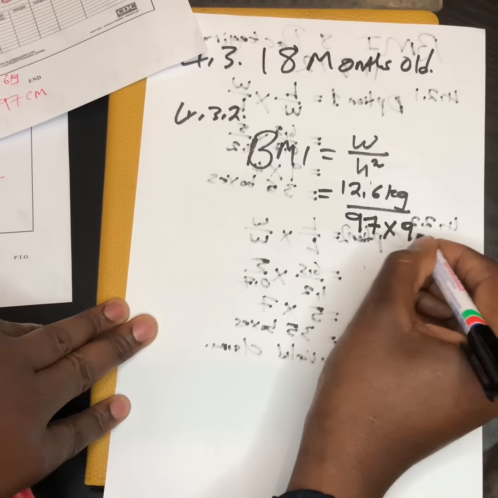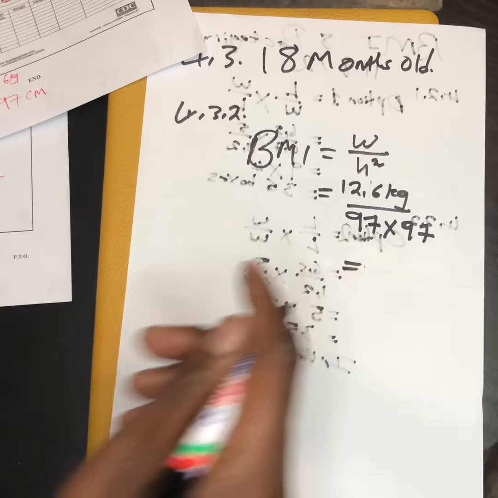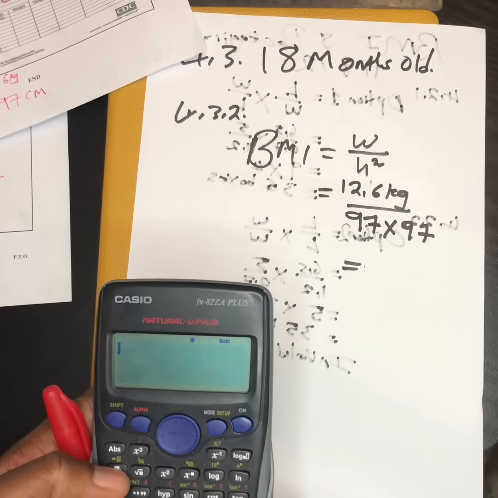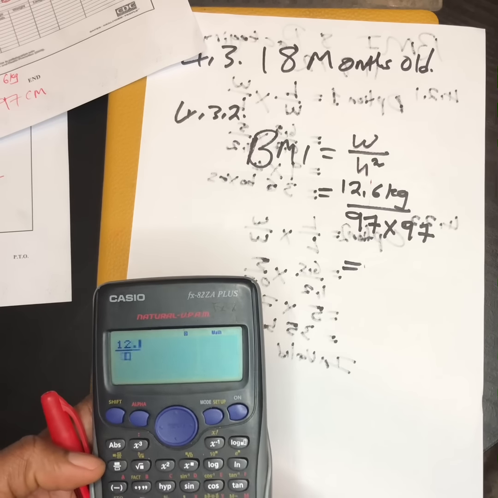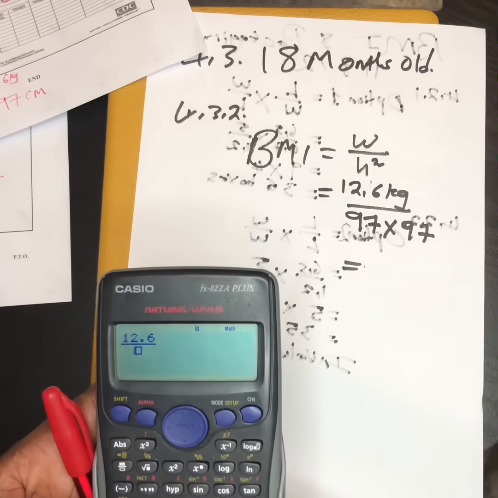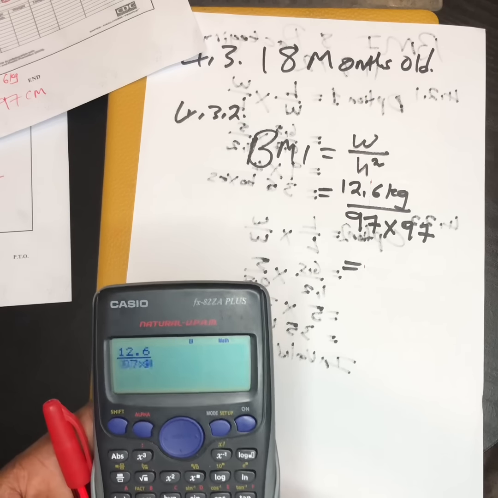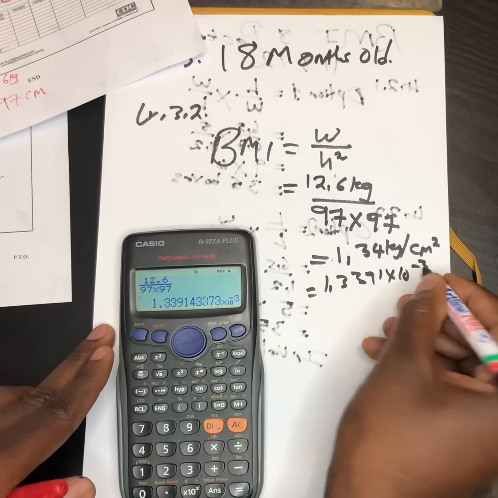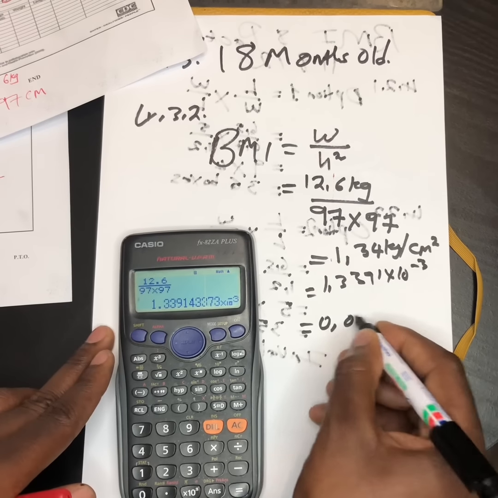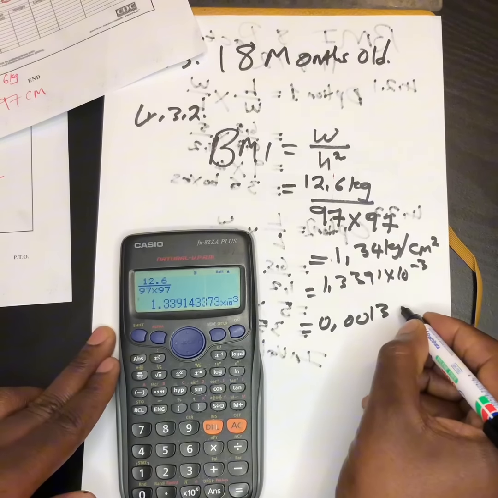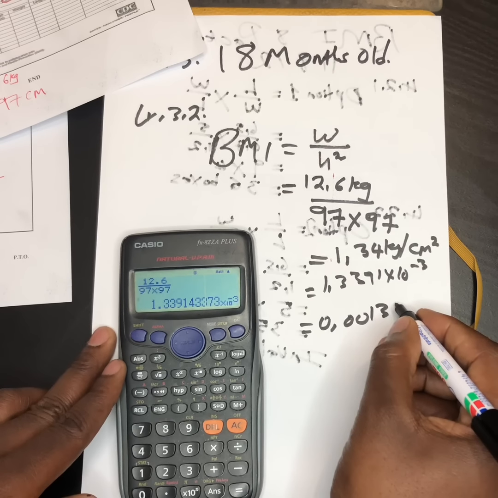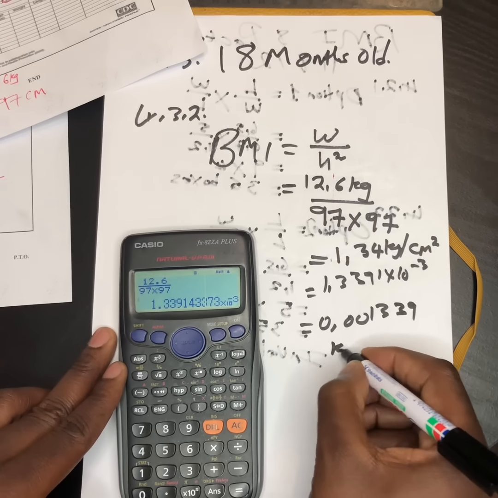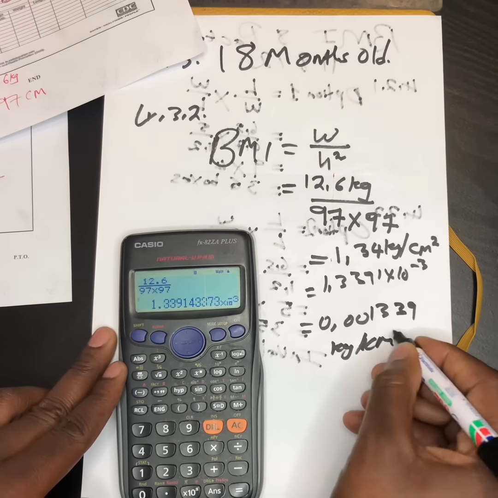We have 97 multiplied by 97. Then you take your calculator. You say that 12.6 divided by 97 multiplied by 97, which equals, multiplied by 10 to the power negative 3, which is the same as 0.00139 kg per centimeter squared.